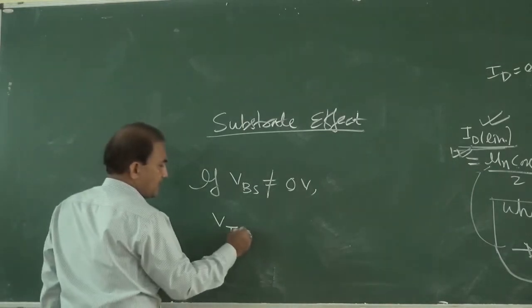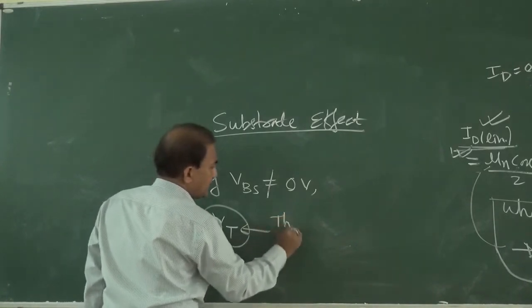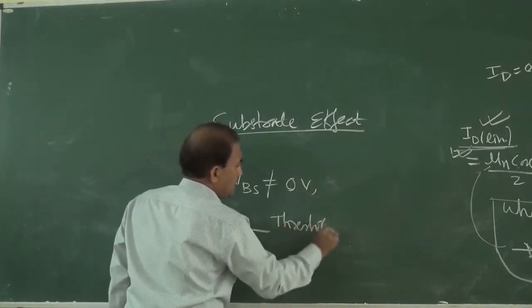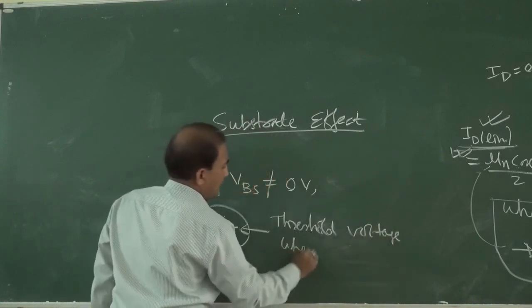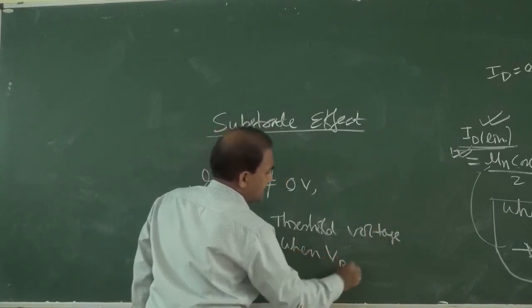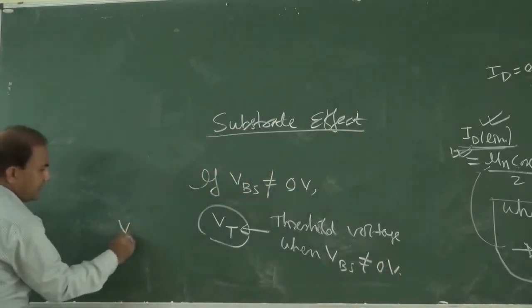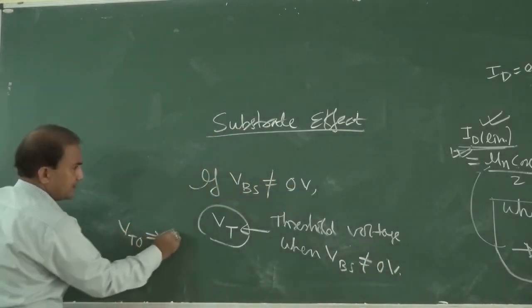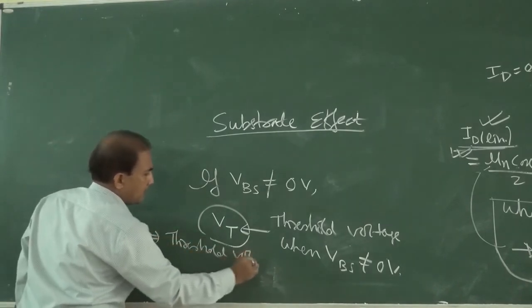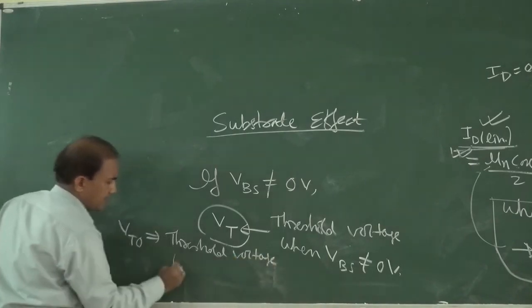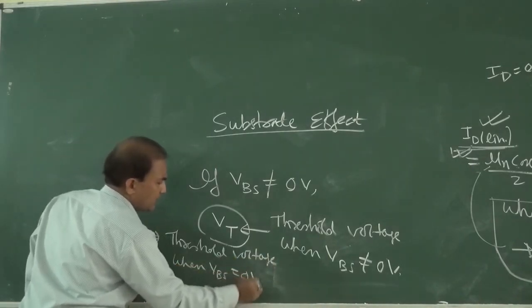VT is the threshold voltage when VBS is not equal to 0 volt, and VT naught is the threshold voltage when VBS is equal to 0 volt.